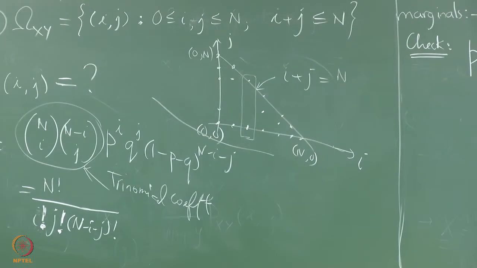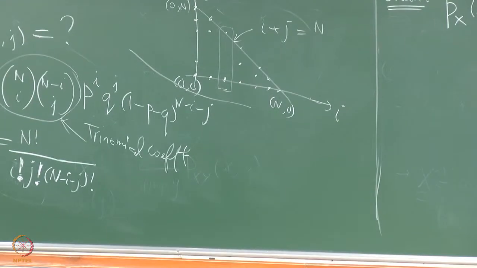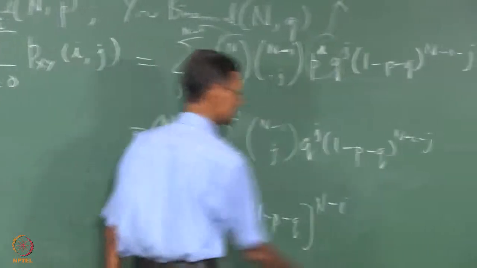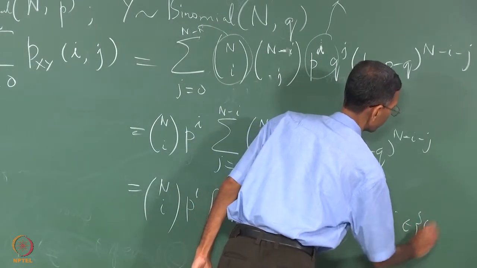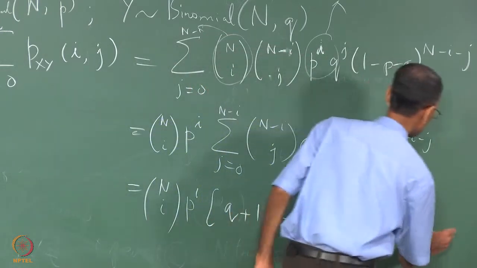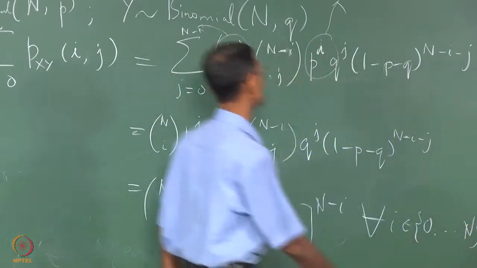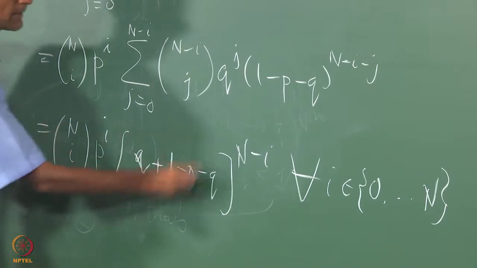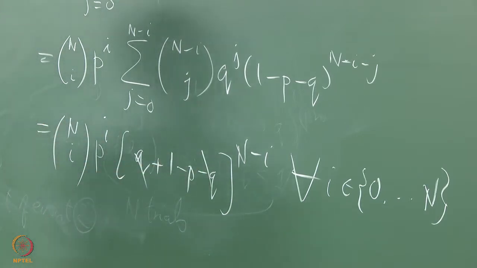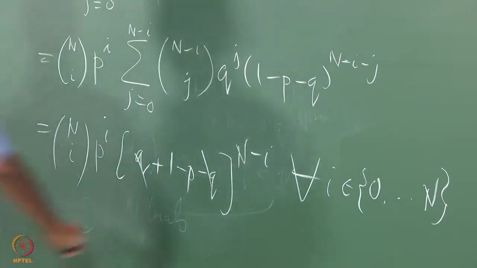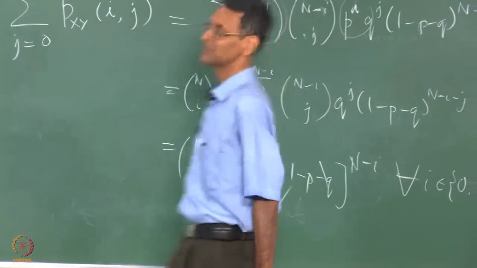That is all it is for all i. It does not matter. For i equals 0 also it is true, and i equal to n also it is true. Any i, the same summation holds. So what is this? Binomial. So it works. Where do we put a tick mark? Here? Okay.